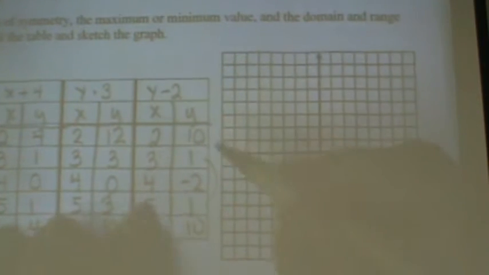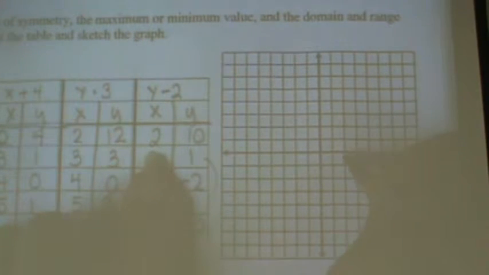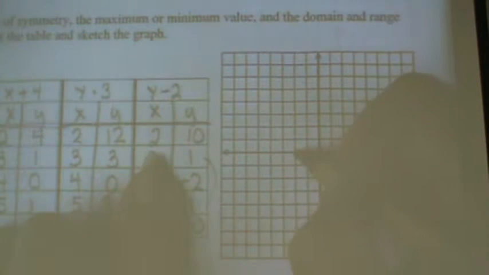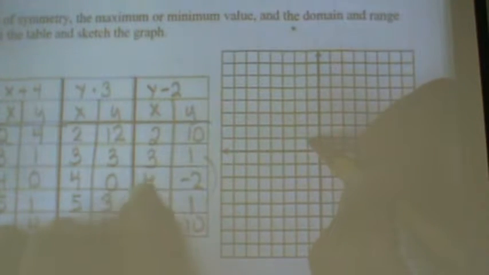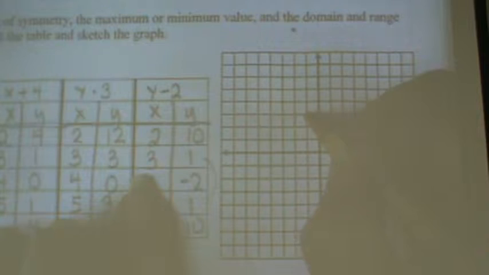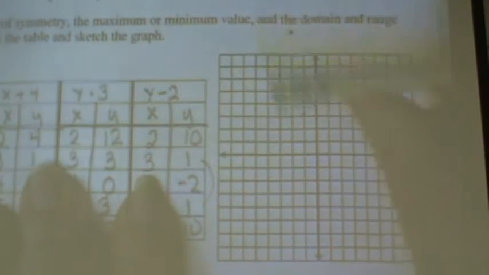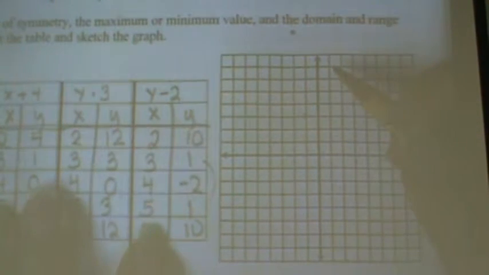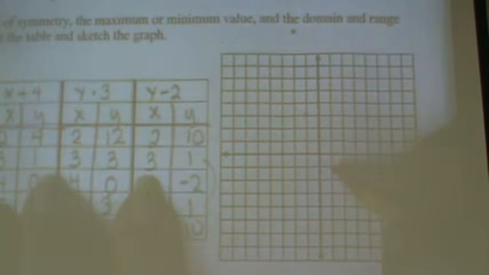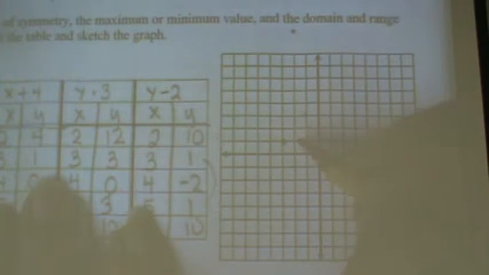Now I want you to graph this, and you might be off the page, or off the graph, I should say. Over 2, up 10, these are 8, so it's going to be up here. Over 3, up 1. I'm sorry, 2, 10; 3, 1; 4, negative 2.